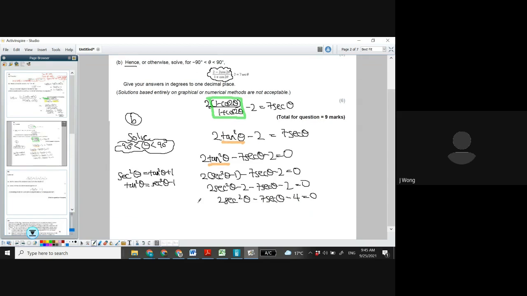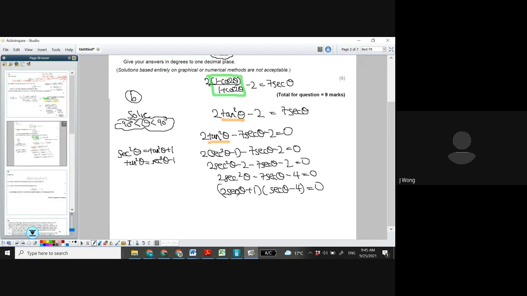And then you'll have a quadratic equation here if you make y equal to sec theta. So here we'll attempt to factorize this. You have (2 sec theta plus 1) and (sec theta minus 4). Then you just solve these 2 brackets, make either one equal to 0, because in order for these 2 to multiply to 0, one of them has to be 0.